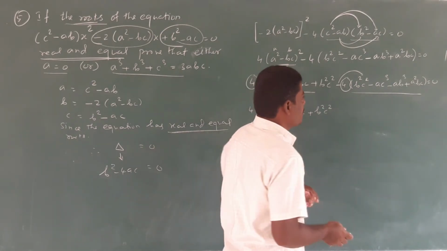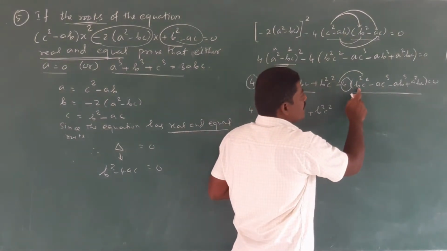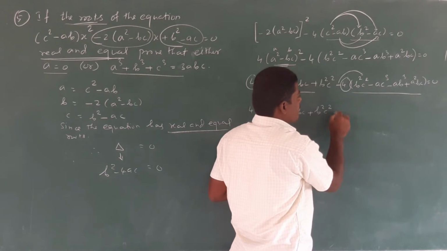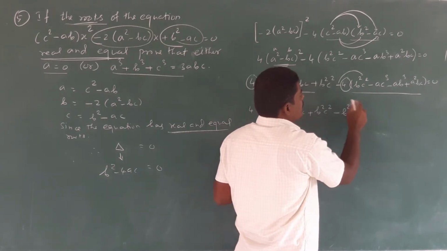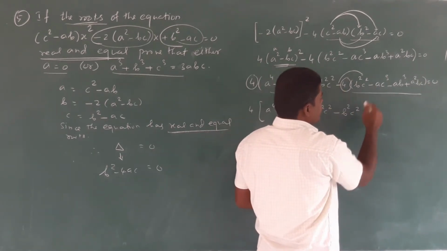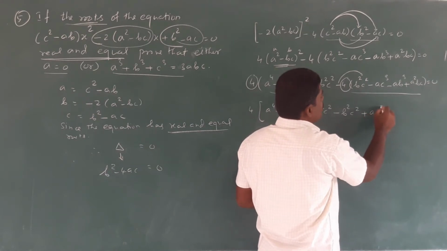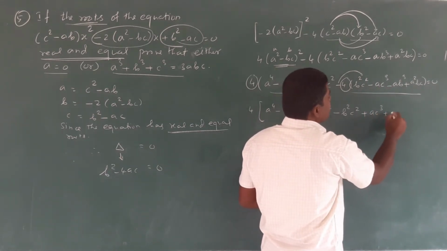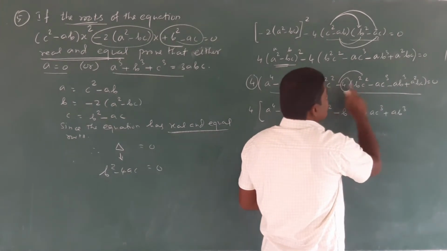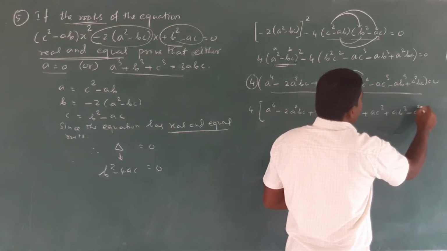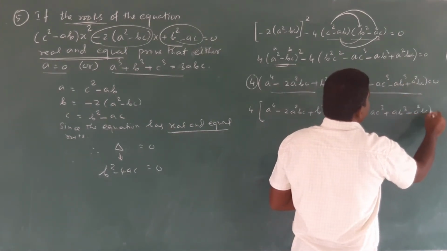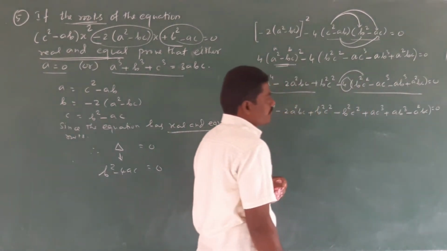Signs opposite. So plus B square C square becomes minus B square C square, minus into minus plus AC cube, minus into minus plus AB cube, minus into plus minus A square BC, which is equal to 0.